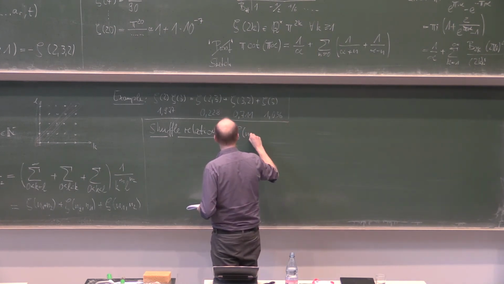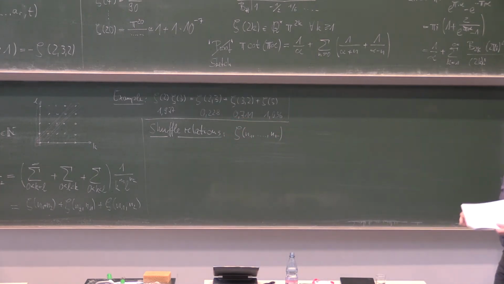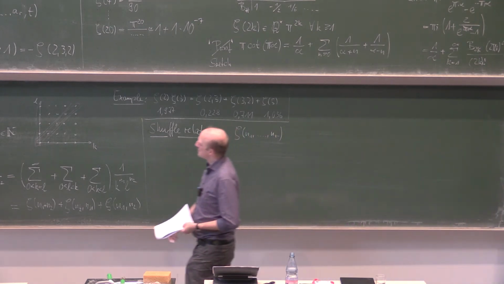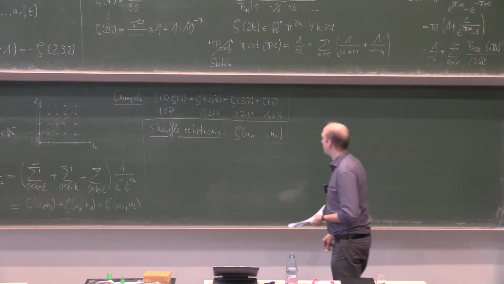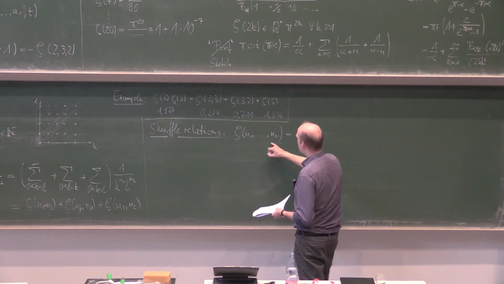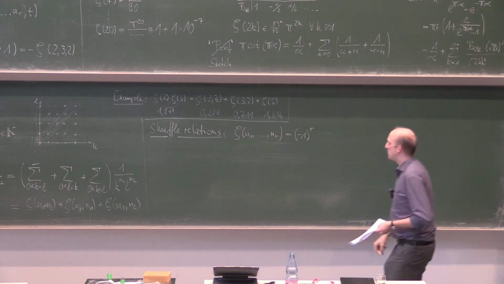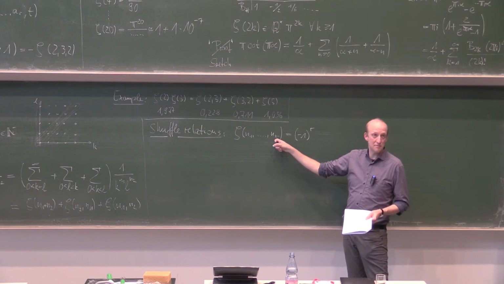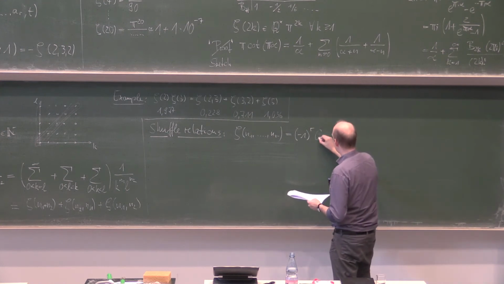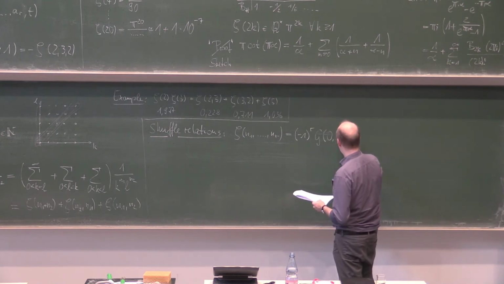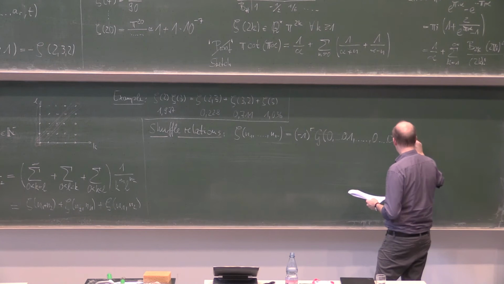So the most important identity, which was also the starting point of what I told, is that the multiple zeta values are related to these iterated integrals G. So the basic relation is that zeta of n1 to nr is -1 to the power r, where r was the depth of the multiple zeta values, that is the number of arguments in here, times G of 0, 0, 1, 0, 0, 1, evaluated at 1.